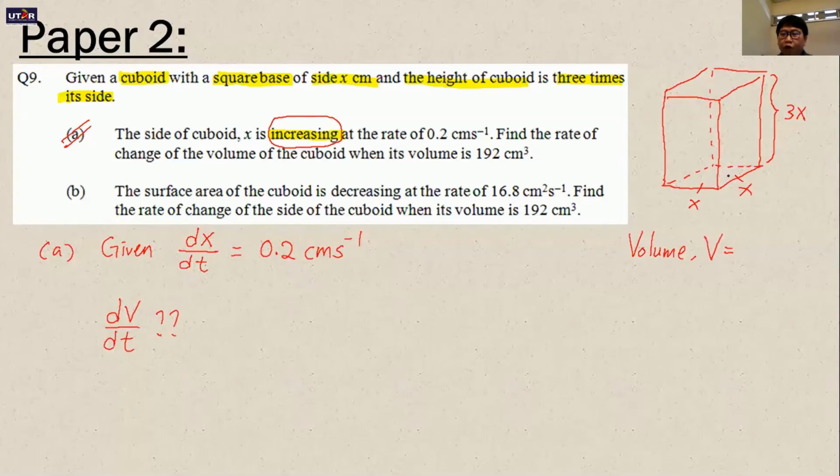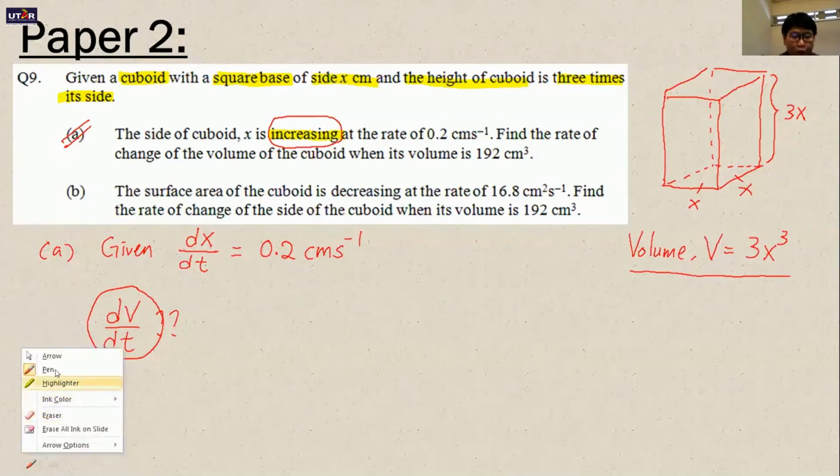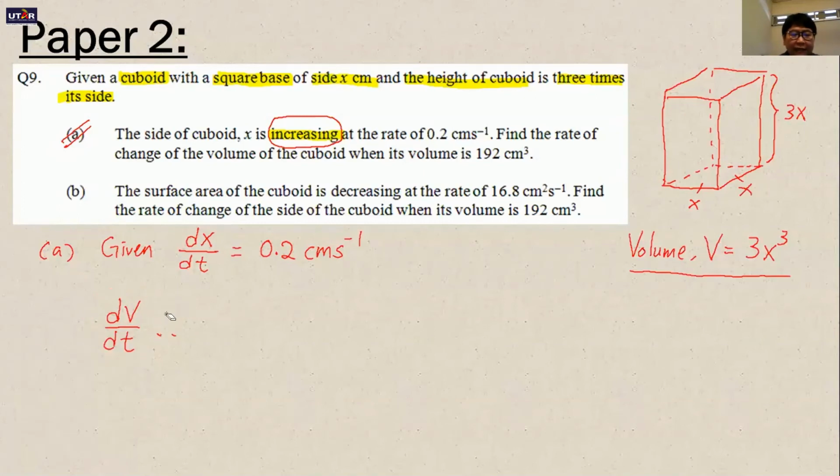The volume of the cuboid is x times 3x, so total 3x cubed. So this is in terms of x. But the question I want to find is dv over dt, in terms of t.